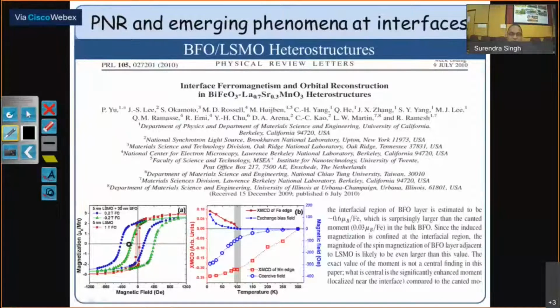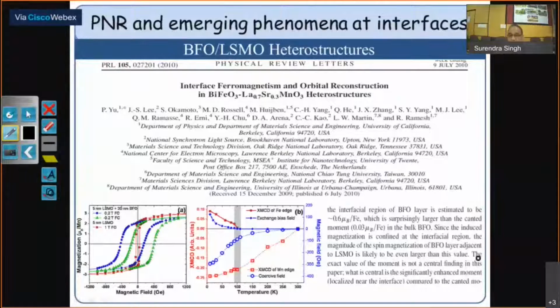And they also found the exchange bias. You can see when you apply a field cool plus field, this induced magnetization is confined at the interfacial region, and the magnitude of spin magnetization in the BFO layer adjacent to this is likely even higher than this value.